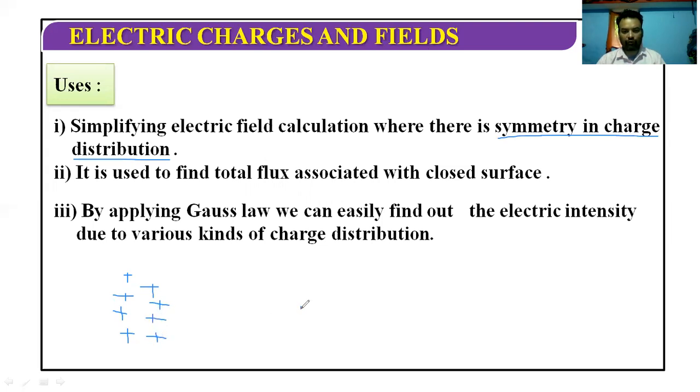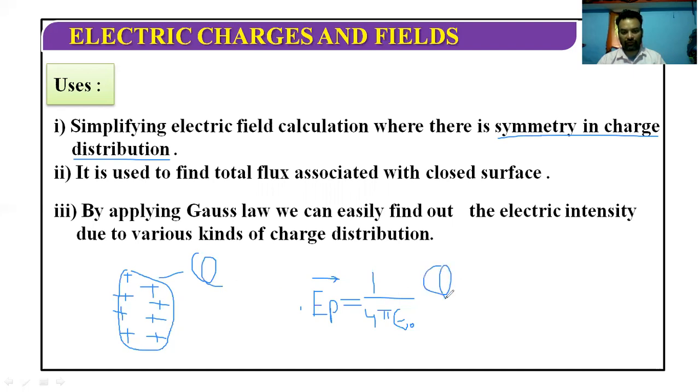If I take a point P and I want to find out the total electric field at this point due to these charges, then from the Coulomb law I cannot find it, because from the Coulomb law I should have the knowledge of 1 upon 4 pi epsilon naught and the total charge, suppose it is Q.